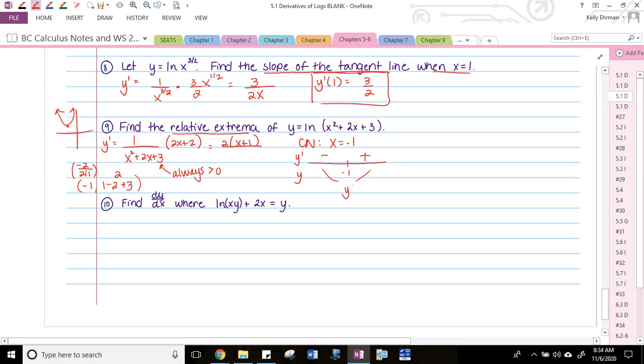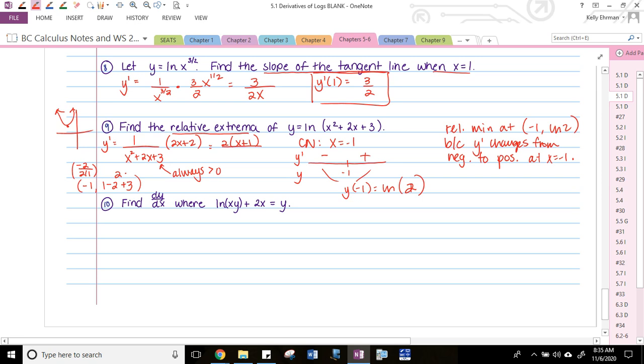So now I should figure out what is y of negative 1. It's the natural log of 1. Oh, I already found that. Natural log of 2. So there's a relative minimum at negative 1, natural log of 2, because y prime changes from negative to positive at x equals negative 1.